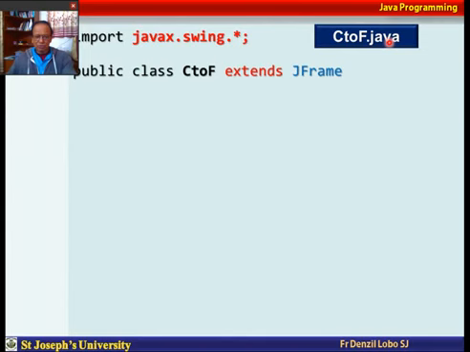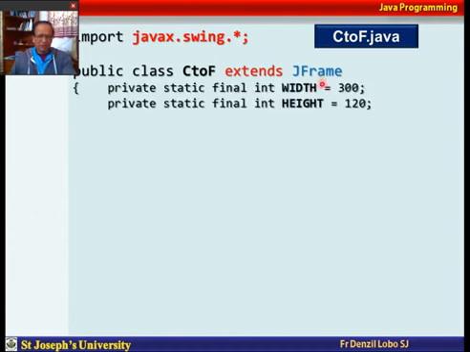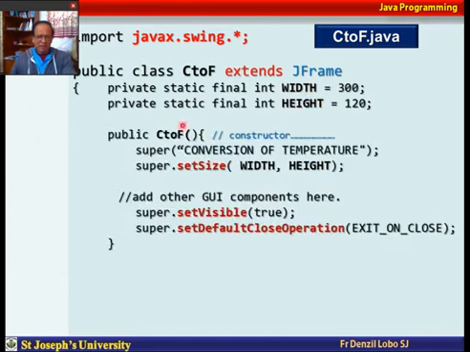To do that, I create a class called C2F that extends JFrame. In other words, it inherits the properties or methods of JFrame, which I mentioned just now. Three of those methods it is going to use. Then we created two constants here, width and height. Then this is the constructor, C2F.